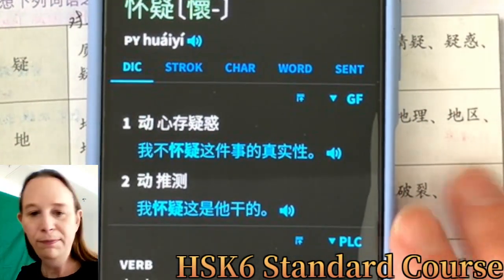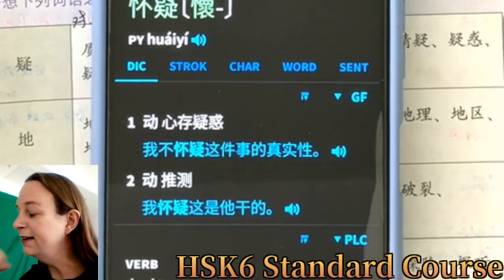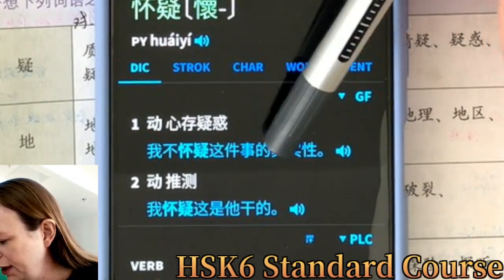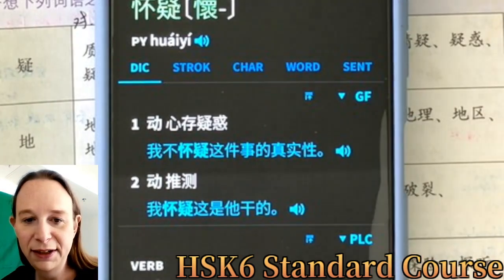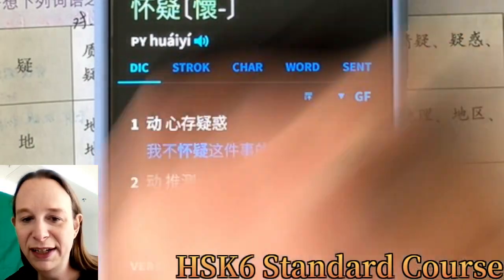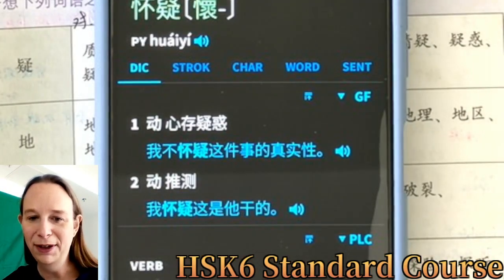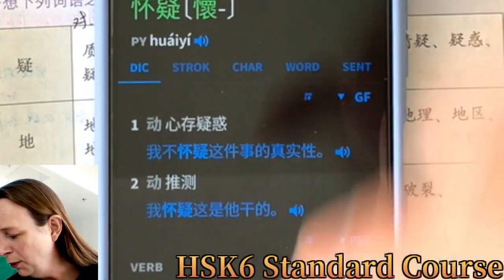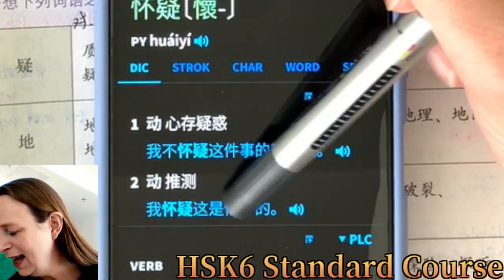Verb. I also think it's a noun. Let's see how we go. 我不怀疑这件事的真实性. I do not doubt, right? I do not doubt, blah, blah, blah. I do not question. I am not skeptical of. 推测. 我怀疑这是他干的.